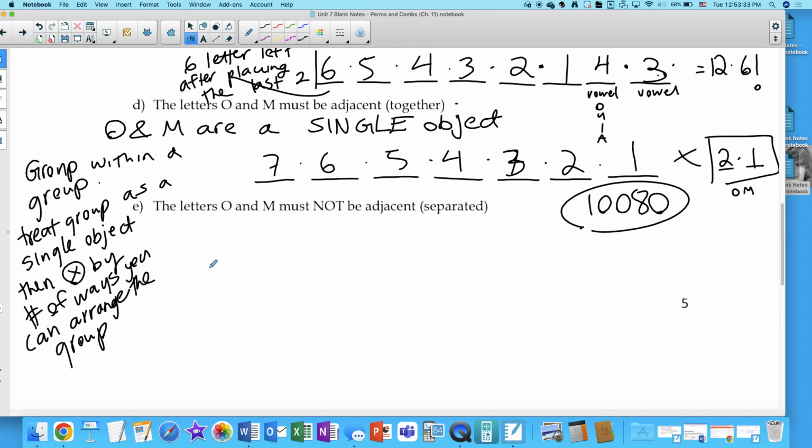Divide instead of multiply? You're kind of thinking along the right lines, yes. Exactly. If you think about it, the total arrangements has to be the number of ways they're together plus the number of ways they're not together.